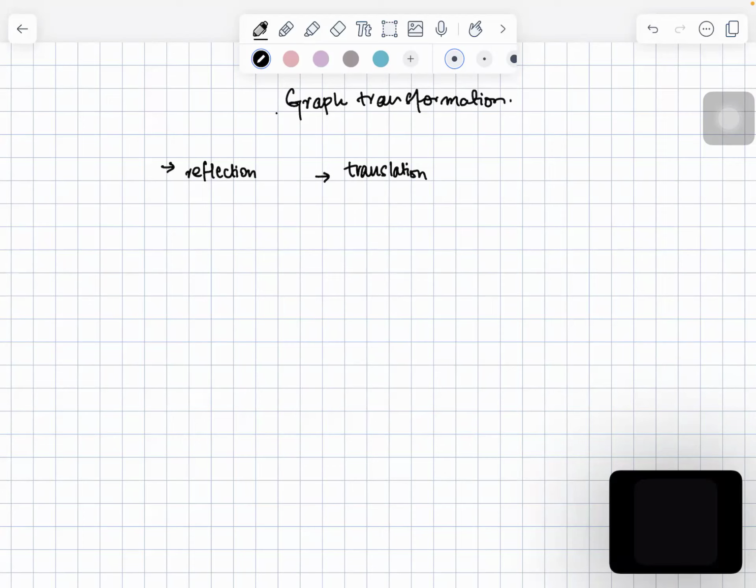There are three types of transformation: reflection, translation, and, wait, another one. Why can't I remember its name? Reflection.